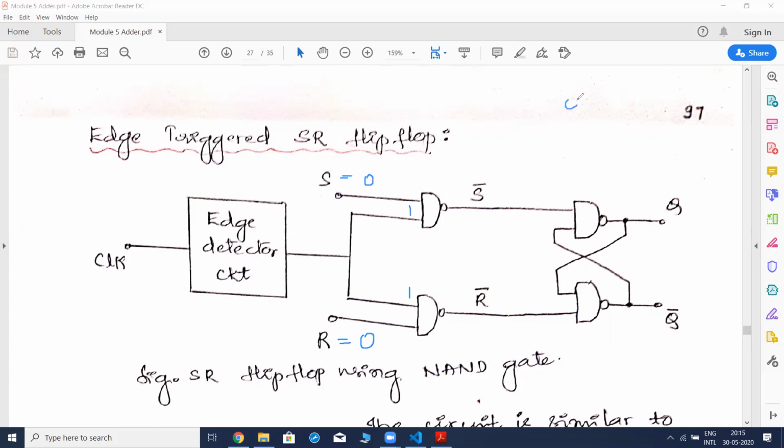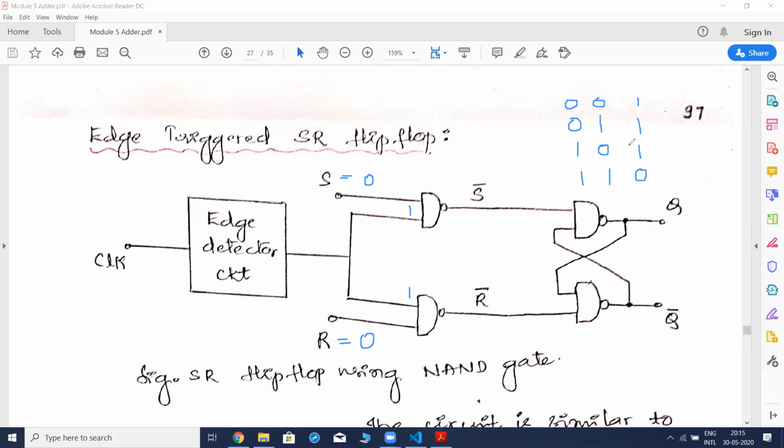So what is the truth table of our NAND gate? It is 0 0, 0 1, 1 0 and 1 1. If any one of the inputs is 0, the output is 1. If all the inputs are the same, then the output is 0.